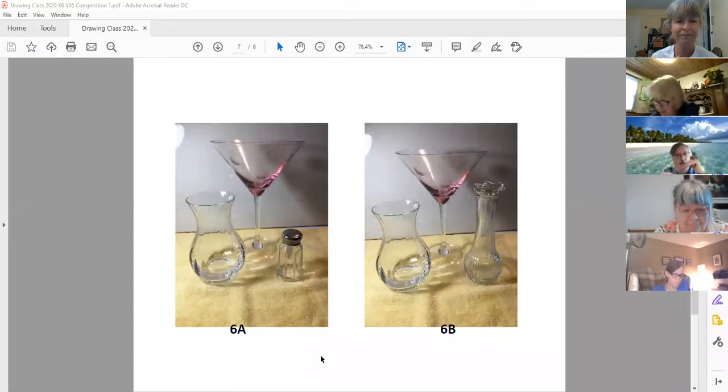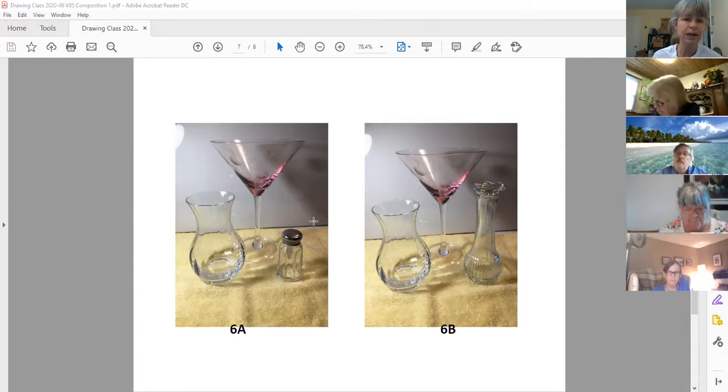Well, and I'm going to say that what's happening in 6A is the eye travels from the salt shaker to this vase to the martini glass. And then right here in this space, the eye can rest, because it created some kind of a negative space.